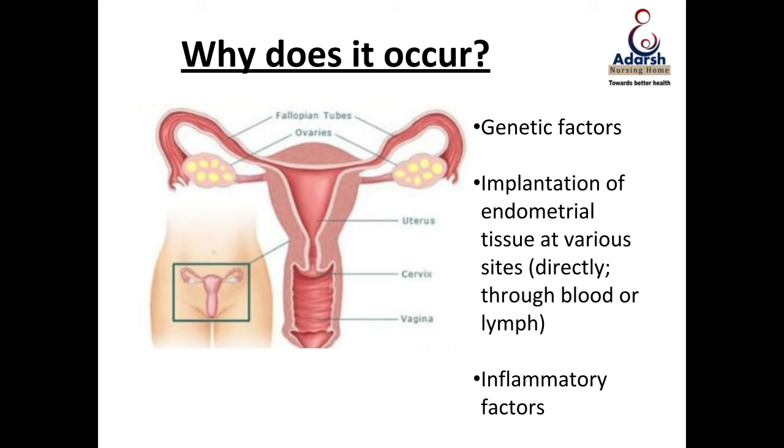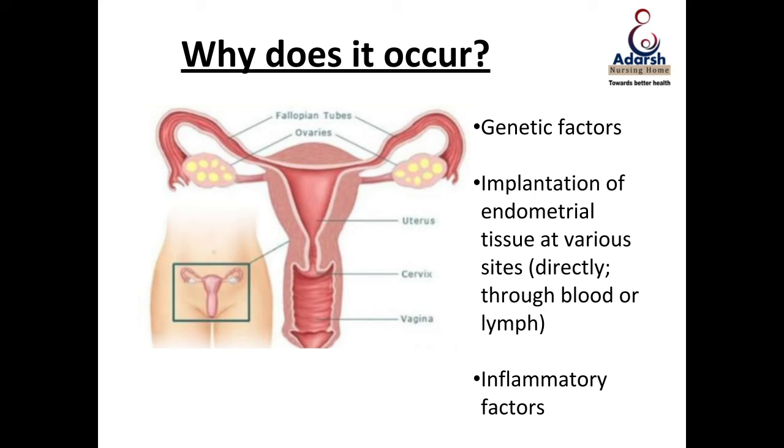So mostly the blood flows back outwards and sits on the ovaries. There it gets deposited on the ovaries, it might get deposited on the exterior surface of the uterus, on the tubes, or behind or in front of the uterus. That is called implantation. That is, it has been taken from one place and put in some other place. That is implantation of the endometrial tissue outside the uterine cavity.